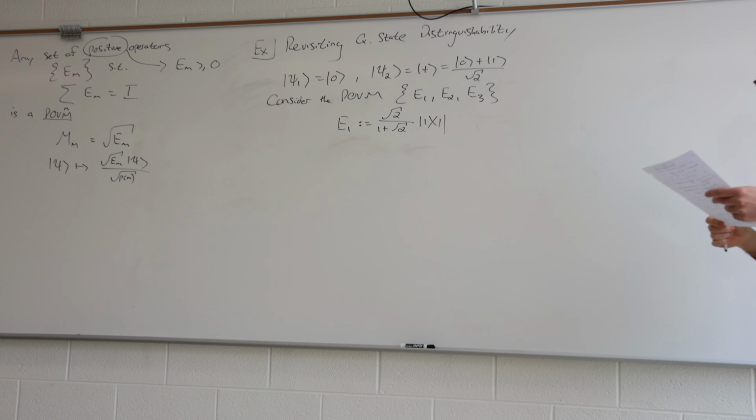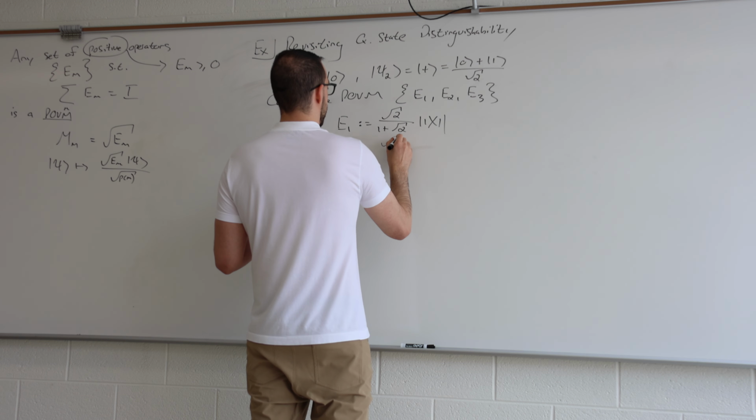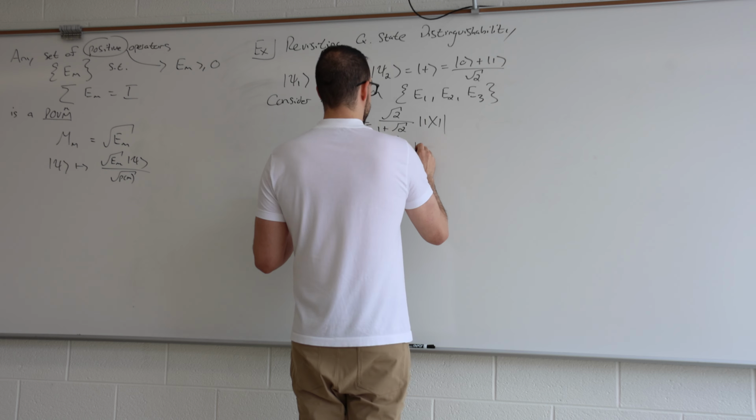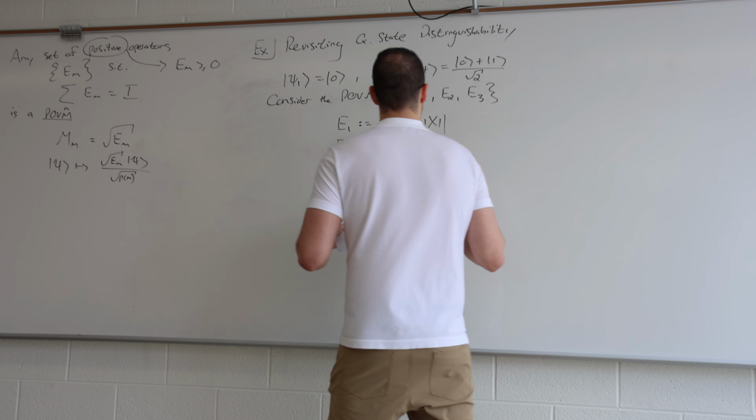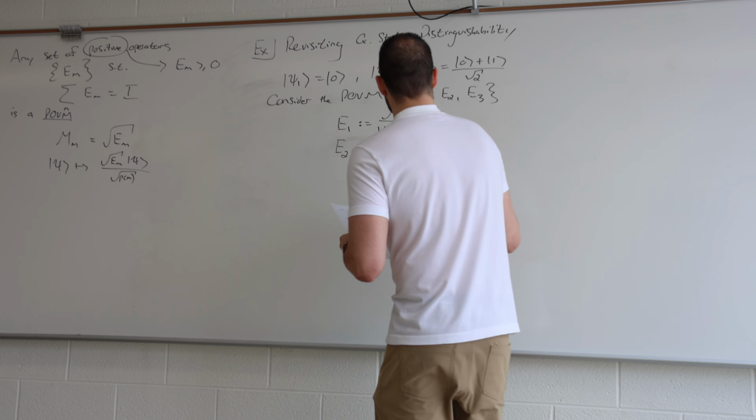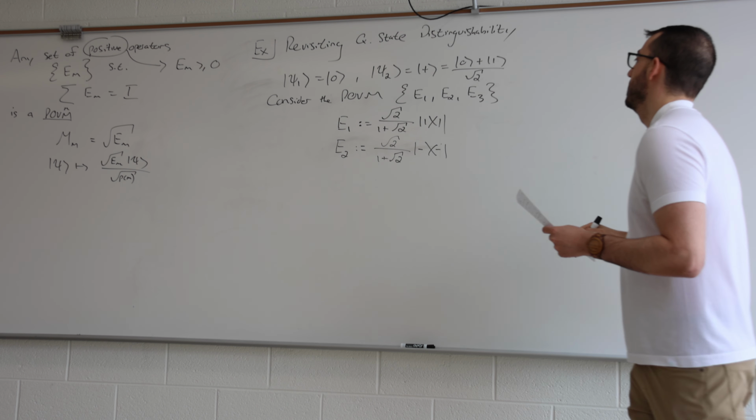E2 is going to be defined as another coefficient, the same one, root 2 over 1 plus root 2, then I'm going to do the projector onto the minus state. And you should remember what the minus state is. It's the same as the plus state, but with a minus sign instead of the plus.